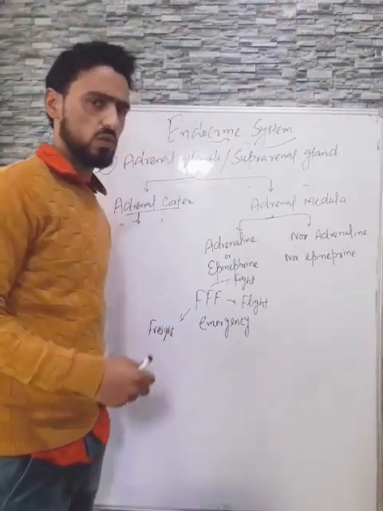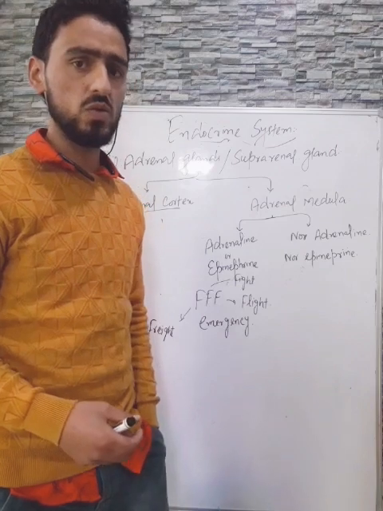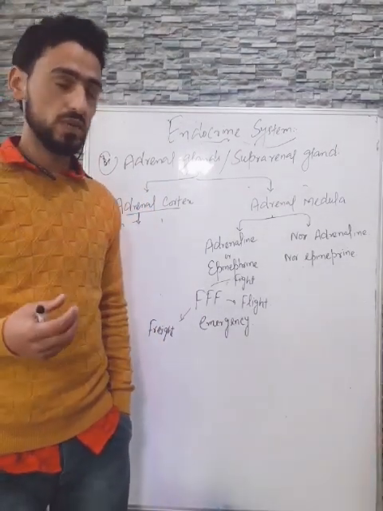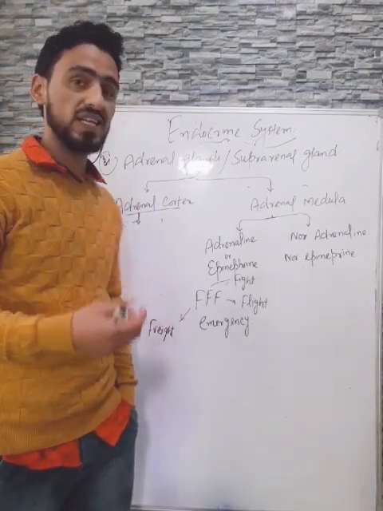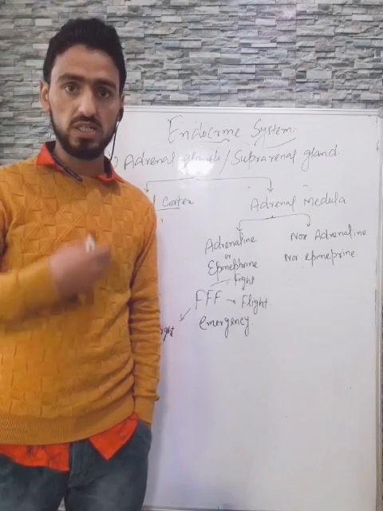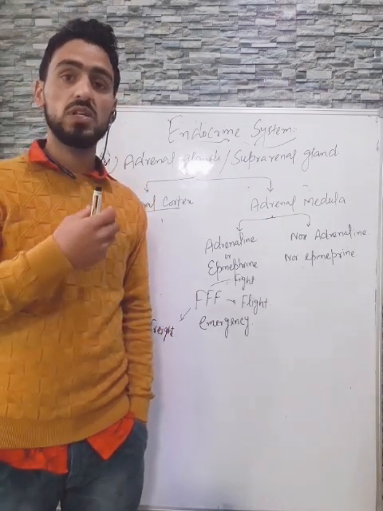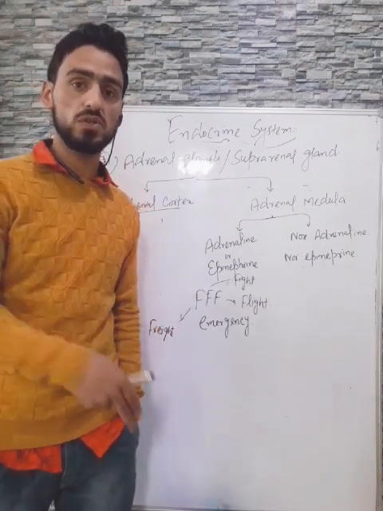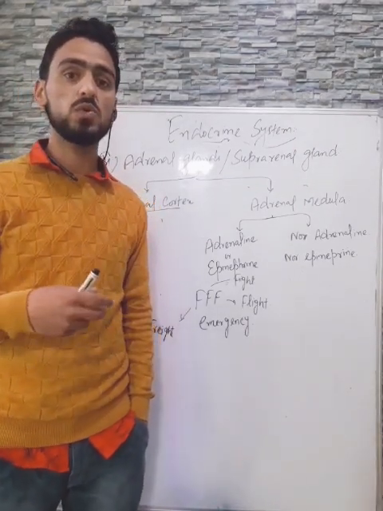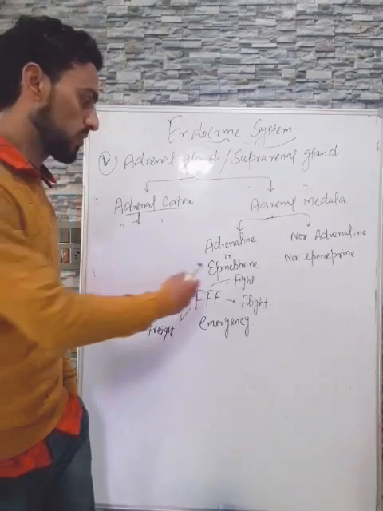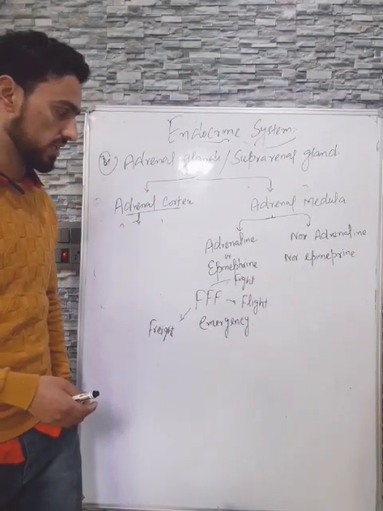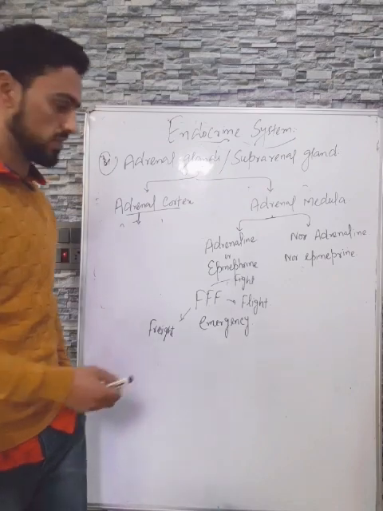For example, अगर कोई कुत्ता आपके पीछे पड़ जाएगा तो आपको भागना पड़ता है। भागने के लिए आपकी हार्ट रेट इंक्रीज होनी चाहिए, the breathing rate should increase, and also there should be more supply of oxygen to the skeletal muscles so that they may help you to fly away from the spot, get rid of the dog.